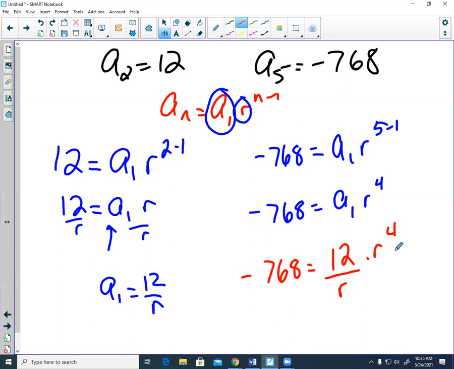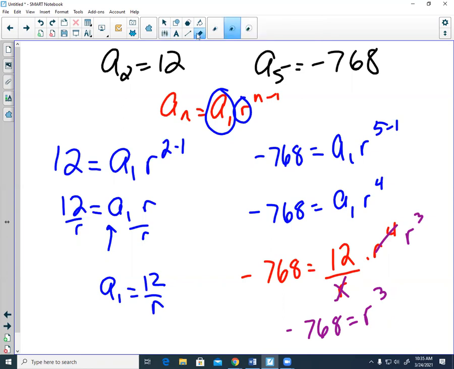So r to the 4th will become r to the 3rd. This one will go away. So I'm left with negative 768 is equal to 12 r to the 3rd power. And now I've got something I can solve for r. Oh, sorry, 12, I should have 12 there.